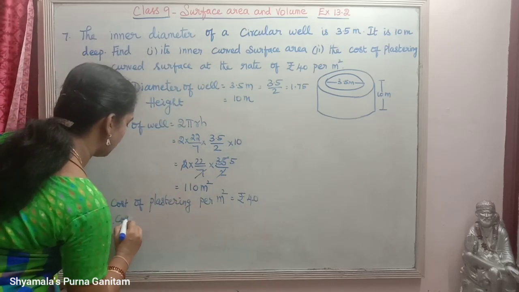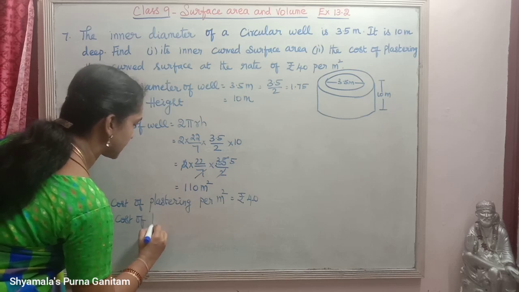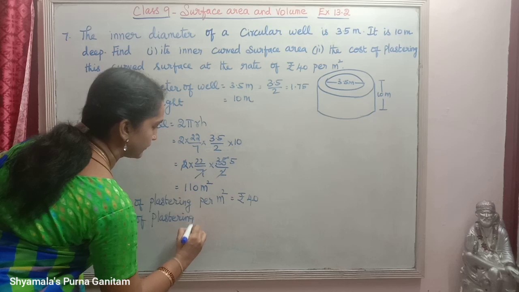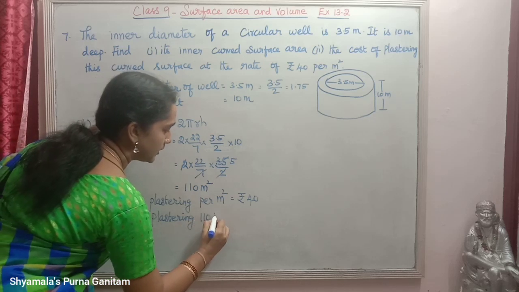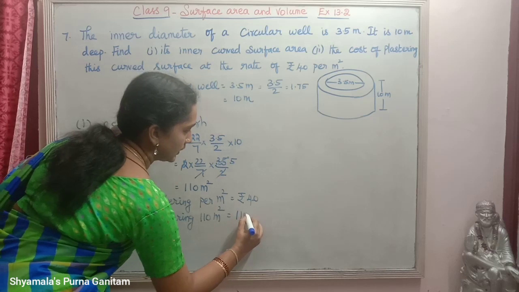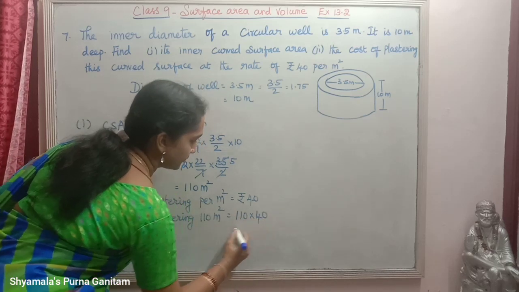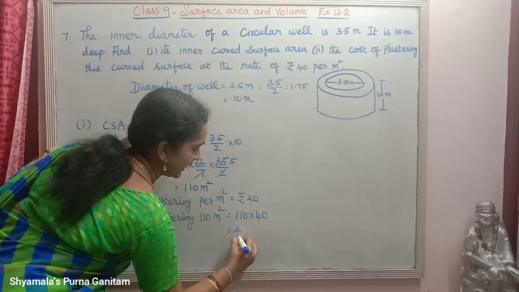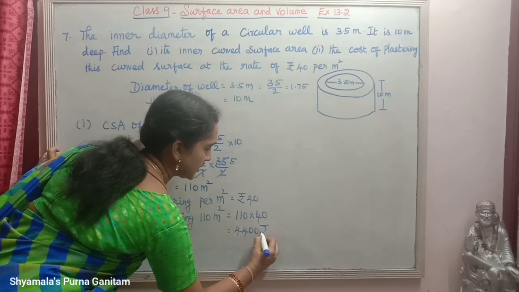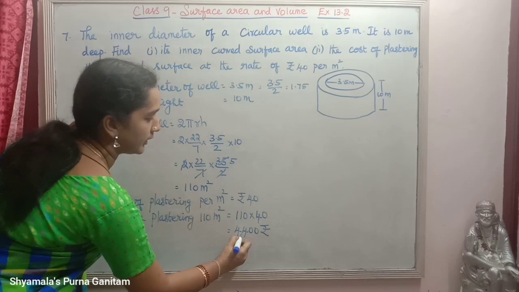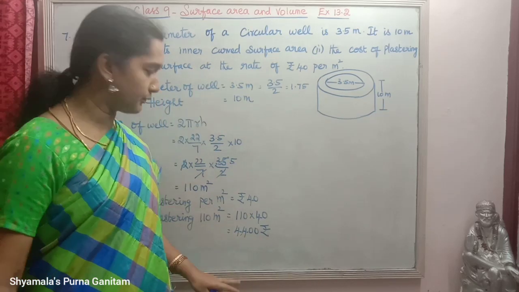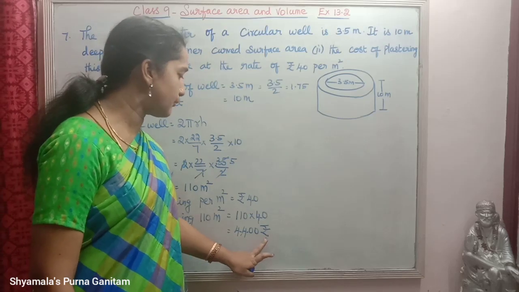Therefore, the cost of plastering 110 meter square is equal to 110 into 40. When we multiply this, 11 4s are 44, and 2 zeros. So the cost is 4,400 rupees.